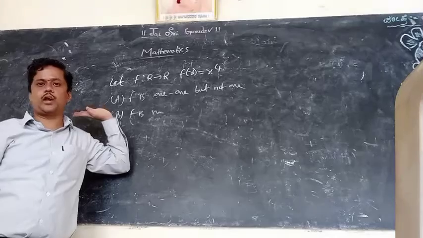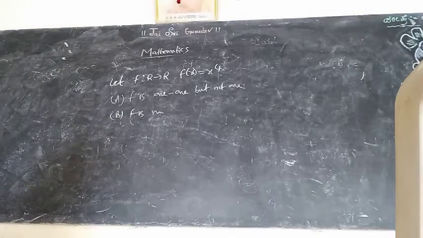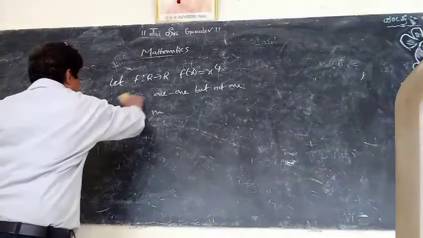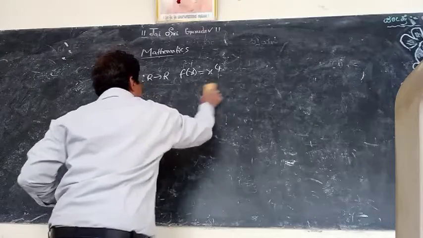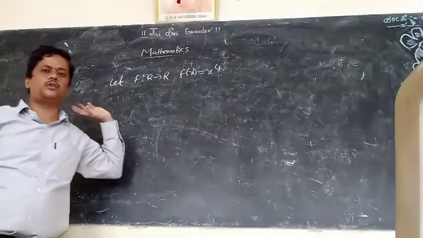These are the four options. According to the problem, first we have to find whether f is one-one or not, and whether f is onto or not.